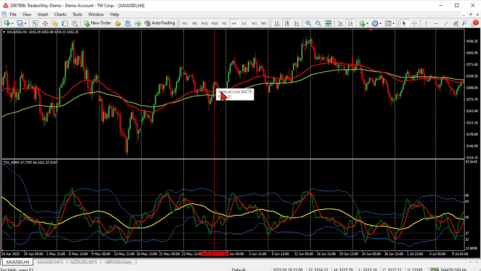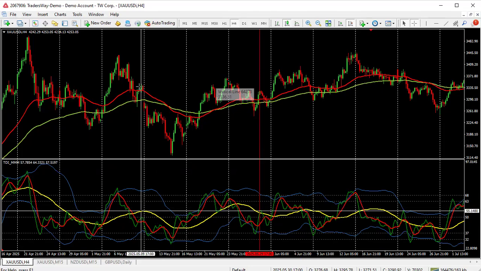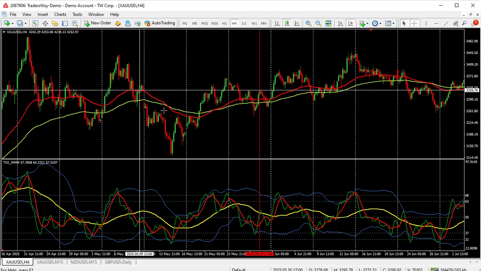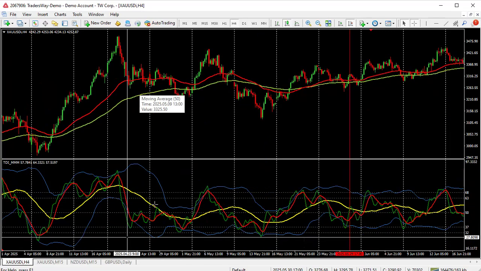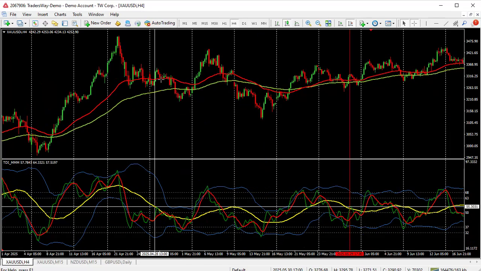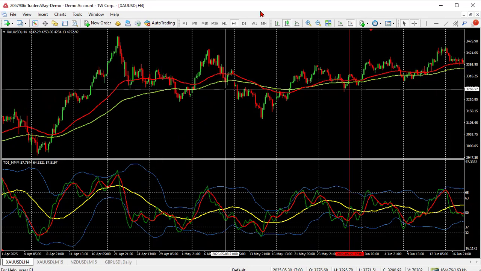The baseline is above price, 50 moving average beneath price. Price drops. Here's another one. Baseline above price, moving average under price. Down. Baseline above price, moving average under price. Price goes down. That's really all there is today, guys.